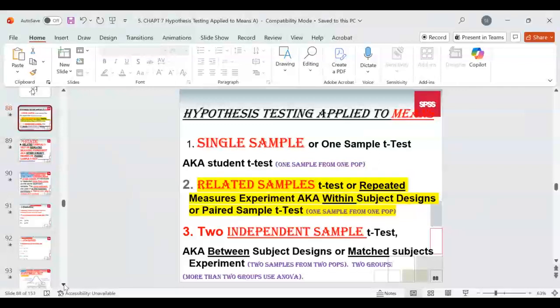If there are more than 2 groups, then we use ANOVA for repeated measure design. And we talk more about that in advanced statistics. Next time, about 2 weeks from now, we'll go over 2 independent sample t-tests. But for now, let's just go over related sample.